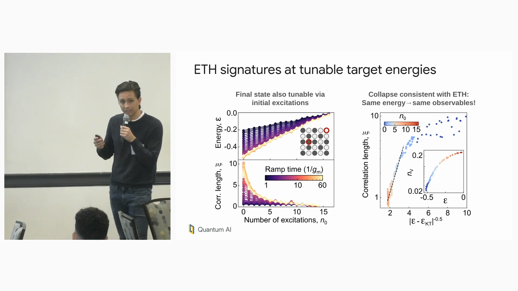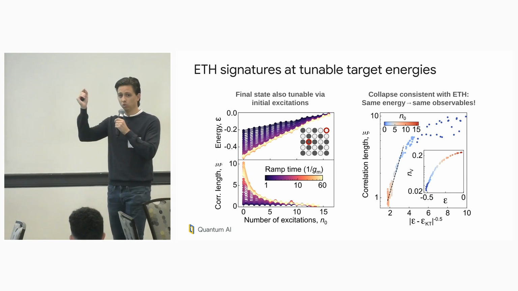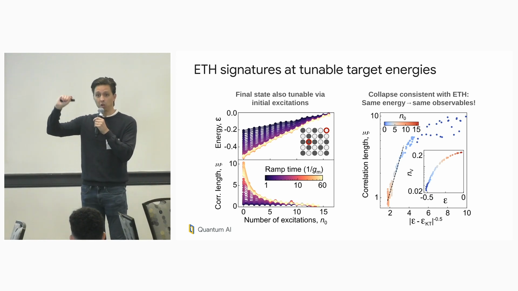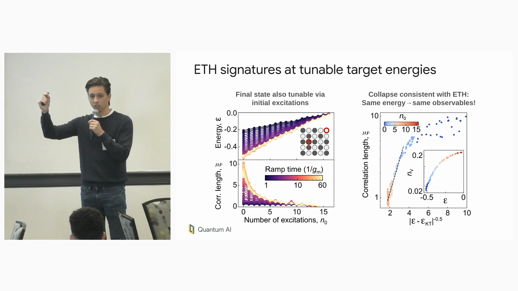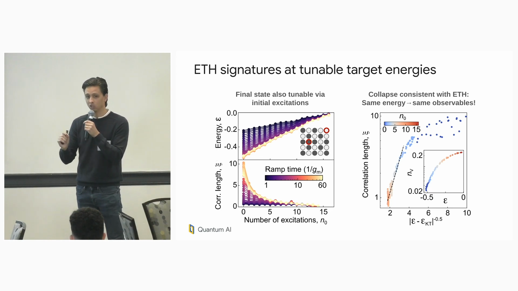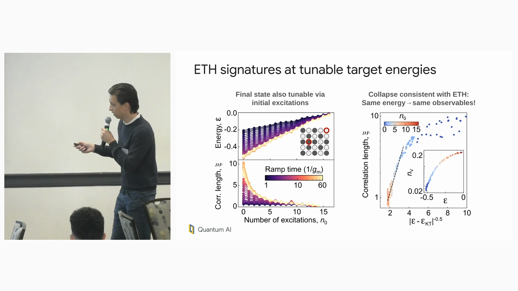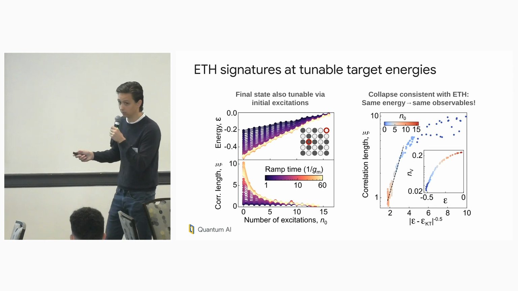And this makes perfect sense because we know from the eigenstate thermalization hypothesis that if I give you two states, one that I prepared with some combination of ramp time and excitations, another that I prepared with some other combination, if they have the same energy and the system is thermalized, I should see the same observables. And that's exactly what I see both for the correlation length here and also for the vortex density in the inset.